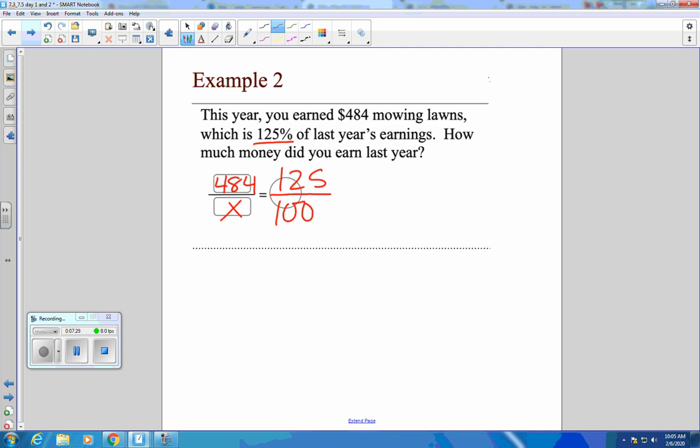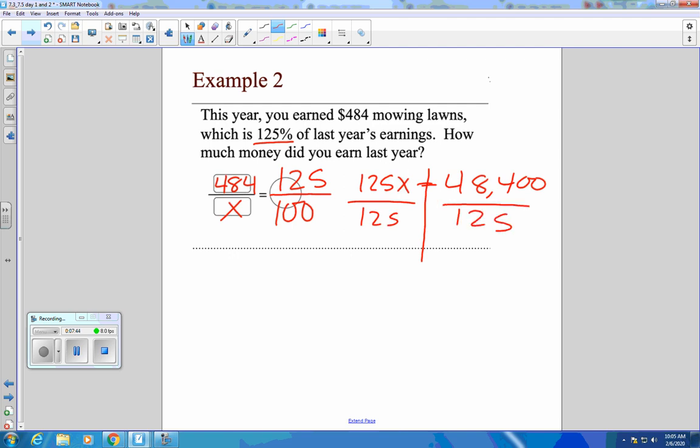From there, we cross multiply. 125 times x is 125x. 484 times 100 is 48,400. We're going to divide both of these by 125, and we get x equals 387.2.